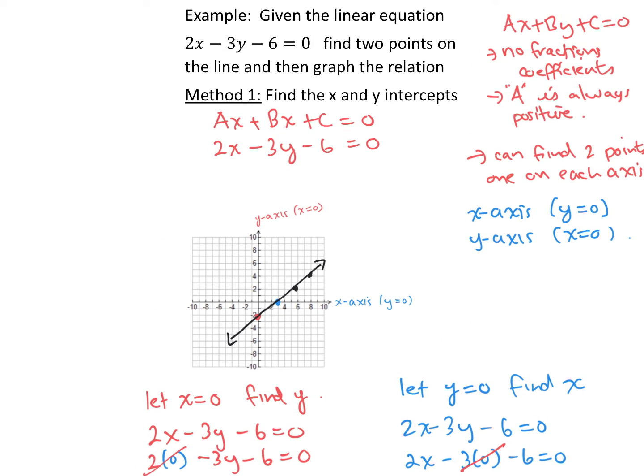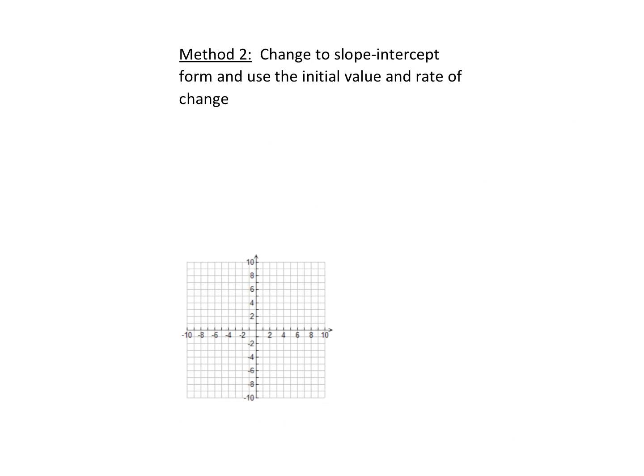So the equation was 2x minus 3y minus 6 equals 0. We could also change to slope-intercept form. So that means you want to isolate for y. You want to get the y by itself.